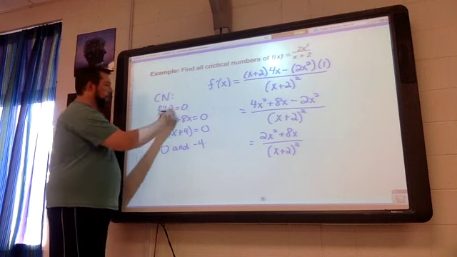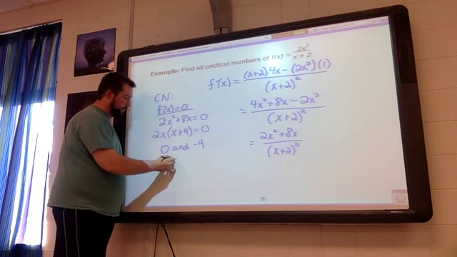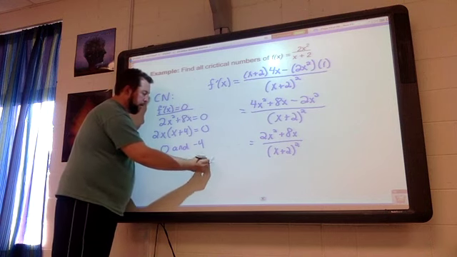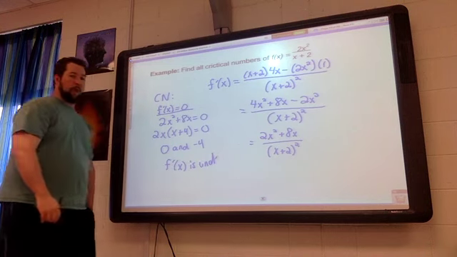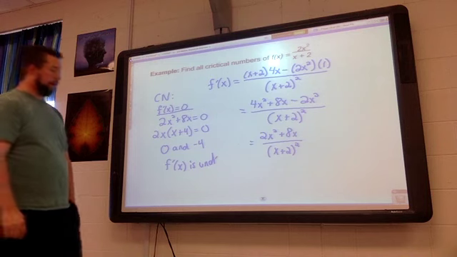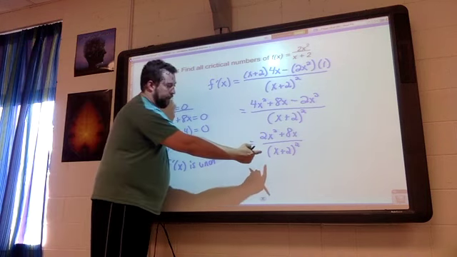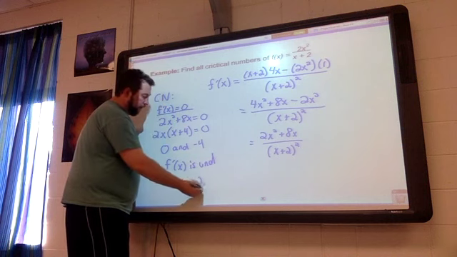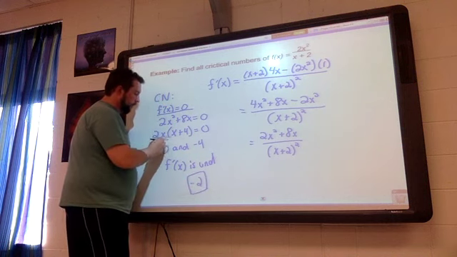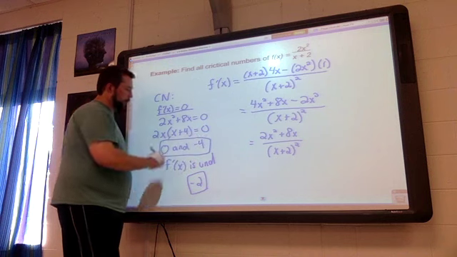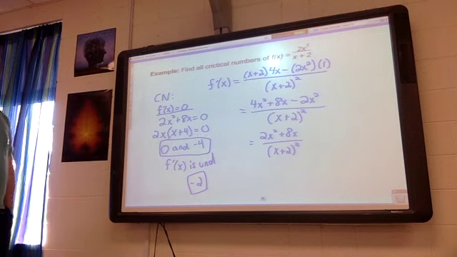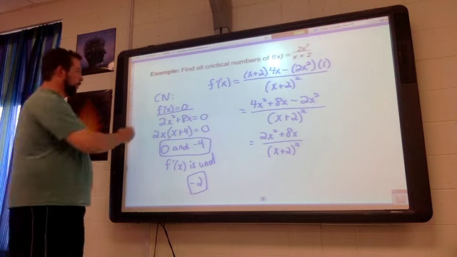We can also find the critical numbers where f prime of x, the derivative, is undefined. If we have a rational expression, we just set the bottom equal to 0. We can see here really easily what makes the bottom 0: negative 2. So 0, negative 4, and negative 2 all give us what we think are critical numbers.